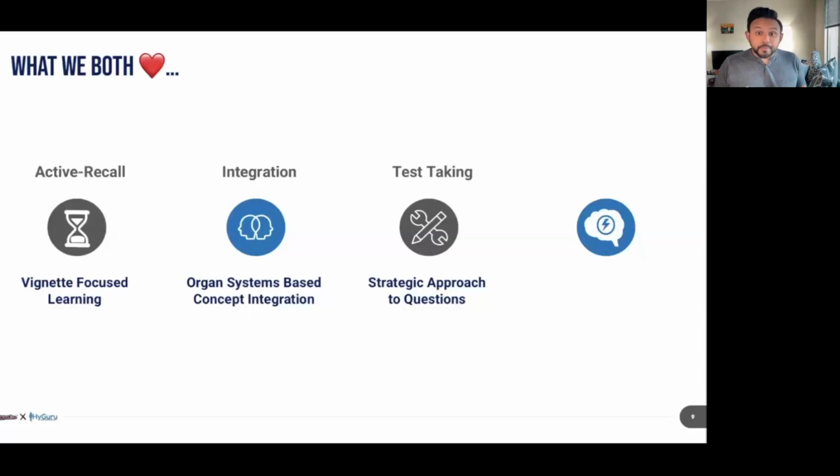Absolutely. The third principle that we both base our resources and our methodology towards USMLE preparation on is honing in on test-taking strategies. Now, this doesn't mean that we are giving you some cheesy techniques here and there. What we really want to focus on is clinical reasoning. At the end of the day, yeah, this is just an exam.